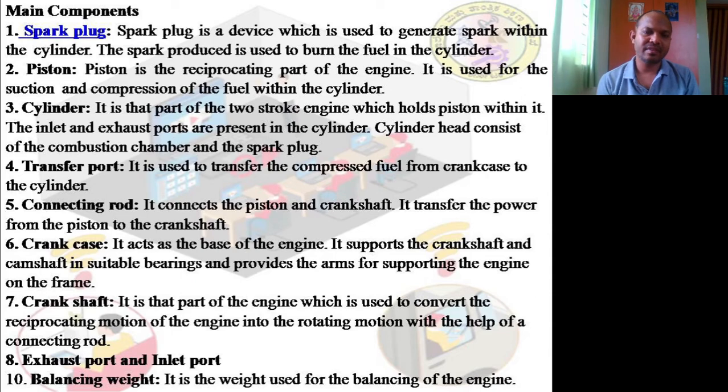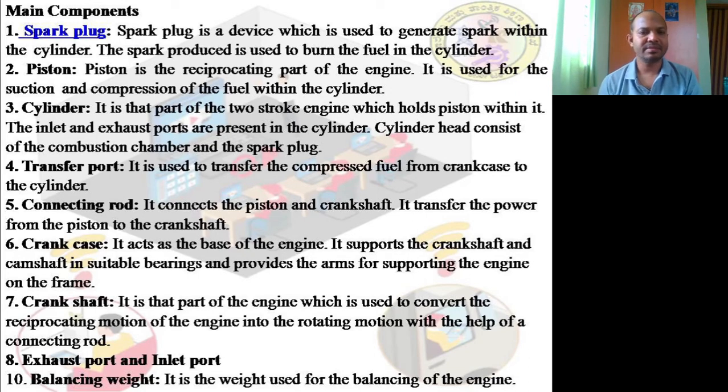The crankcase is something like a dome-like structure, as shown in the previous figure. The crankcase acts as the base of the engine. It supports the crankshaft and camshaft in suitable bearings and provides the arms for supporting the engine on the frame.